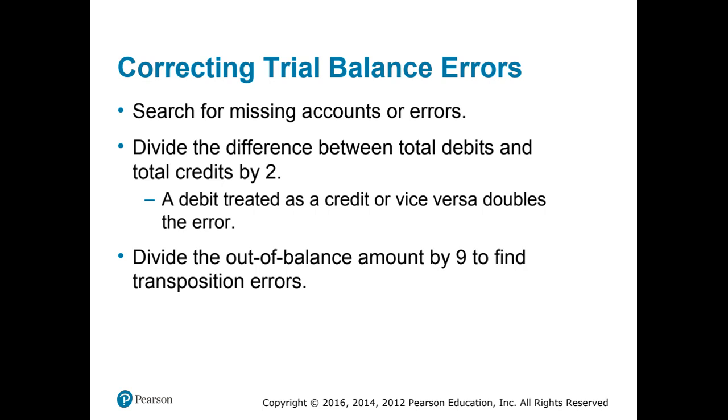A lot of times, you'll be able to find that number somewhere in here, either on the debit or credit side, if you only have one account that is affected. If it's multiple accounts, that's not going to work.